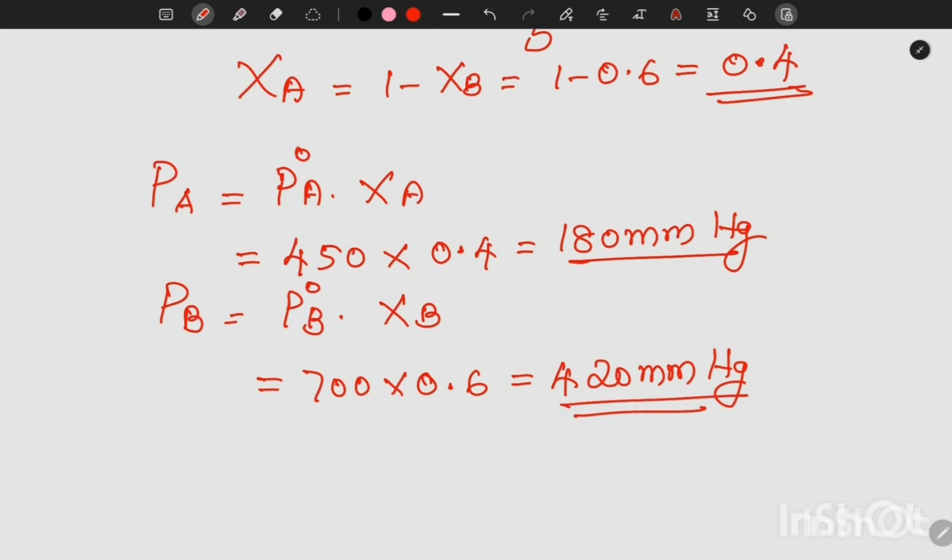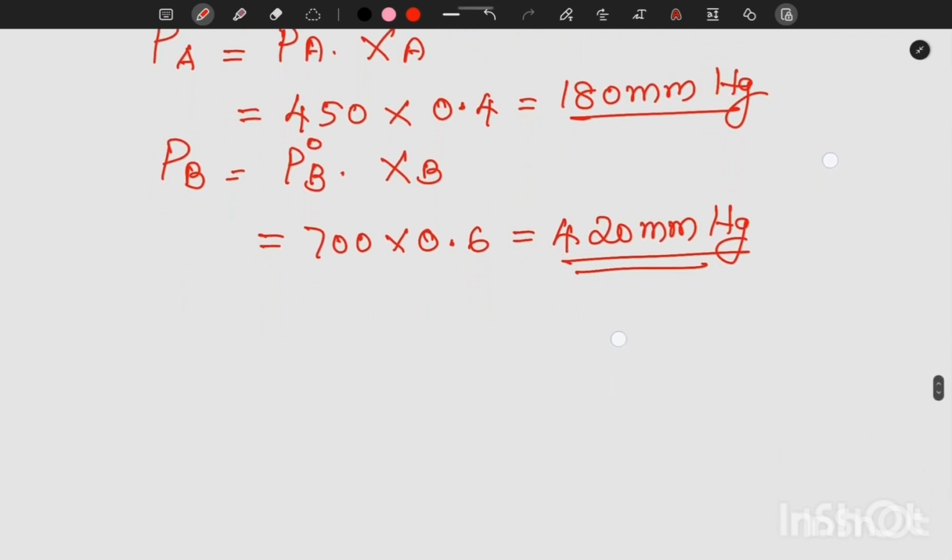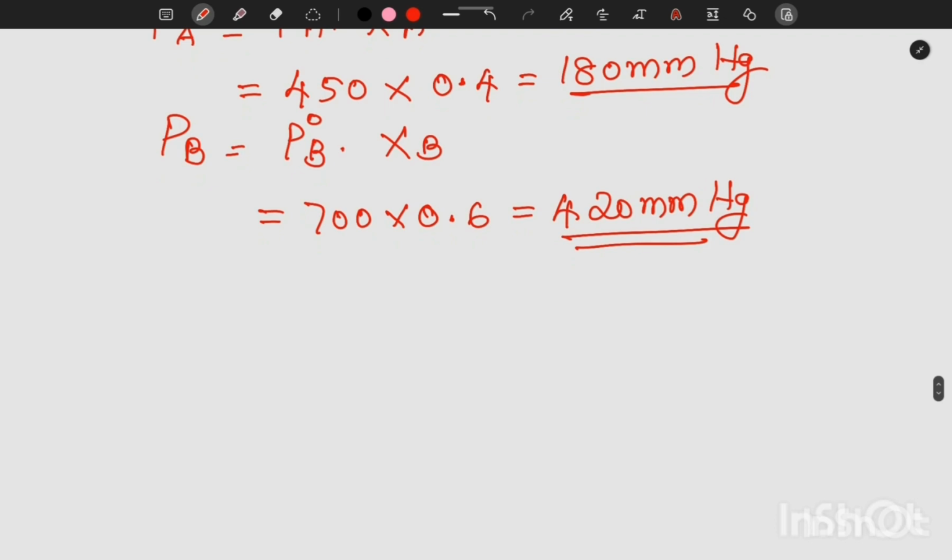Now next you have to calculate the mole fraction of each component in vapor phase.